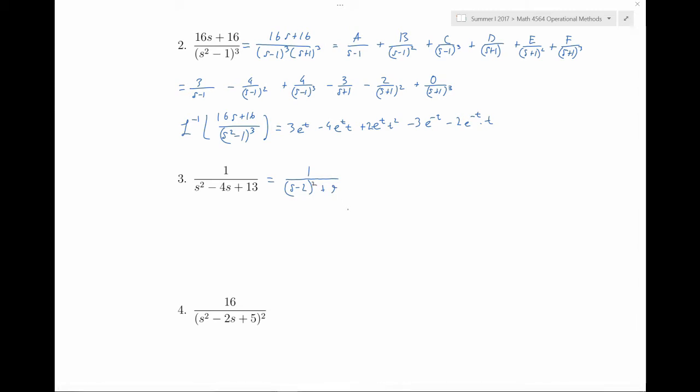We can easily see that this is a shifted version of the fractions 1 over s squared plus 9. Thus the inverse Laplace transform of 1 over s minus 2 squared plus 9 can be written as e to the 2t of the inverse Laplace transform of 1 over s squared plus 9.